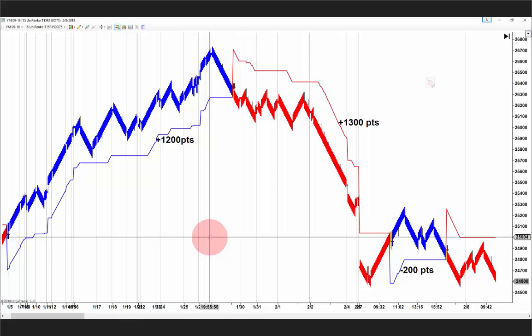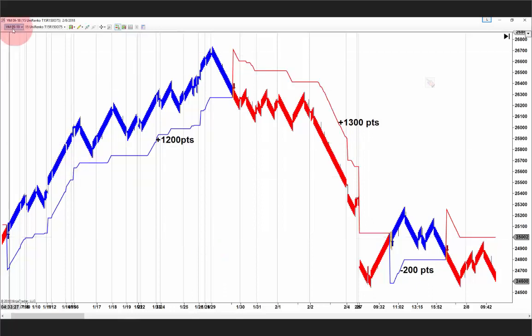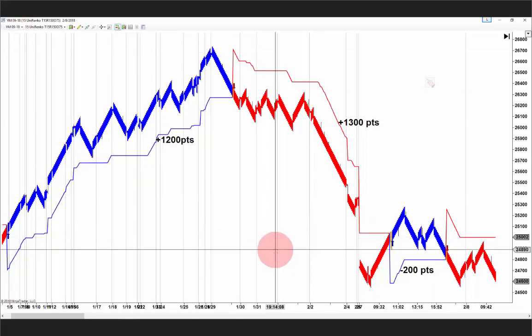So this system, as it's designed, will sustain losses of up to around 400 ticks. So for some of you, that might not be palatable, that you might not be willing to stomach a 400 tick loss. And by the way, we are looking at the YM, the mini Dow in this case.